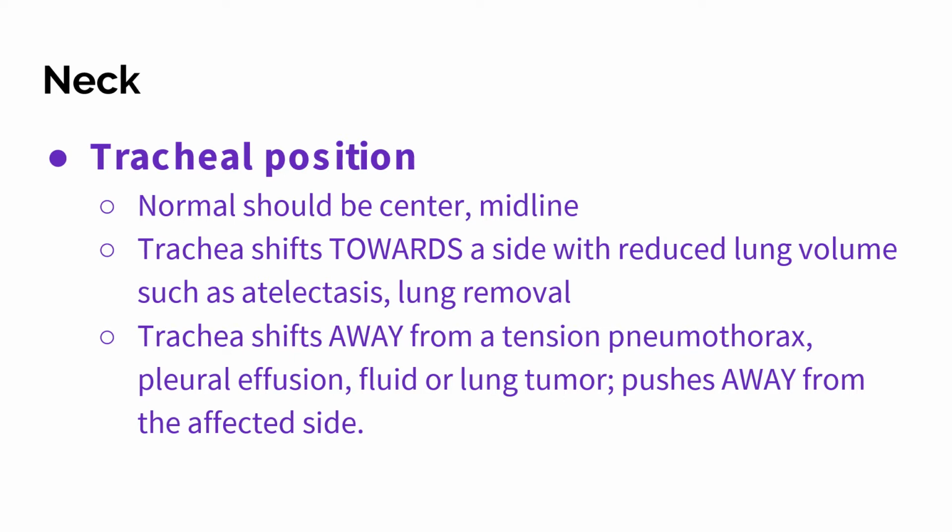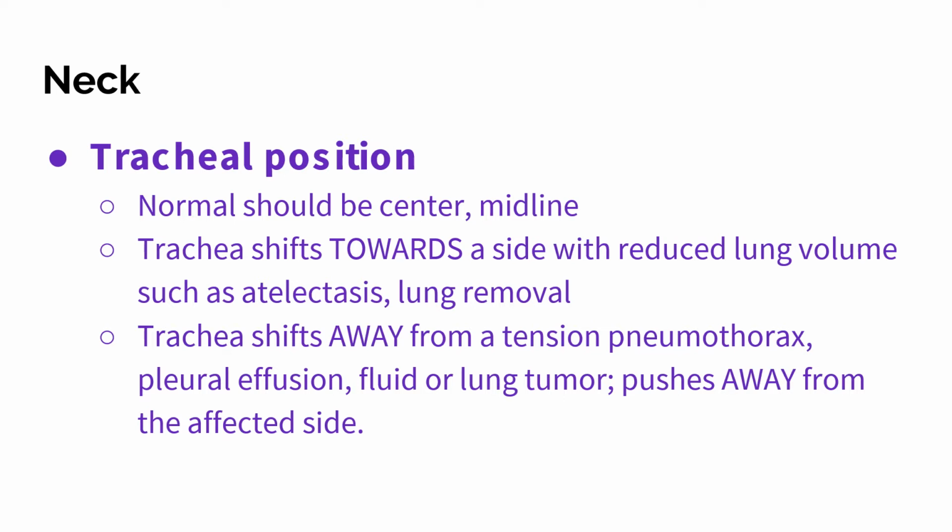So there's part of the lung that's gone, so the trachea is going to shift towards the side of that reduced lung volume to help occupy that space, because it's basically empty or less. And then a trachea that shifts away is from a tension pneumothorax, because a tension pneumothorax is from positive pressure inside the chest wall, so it's pushing away from the affected side.